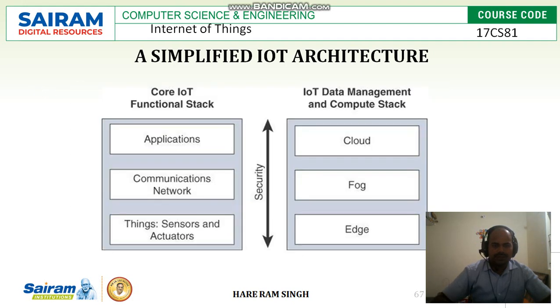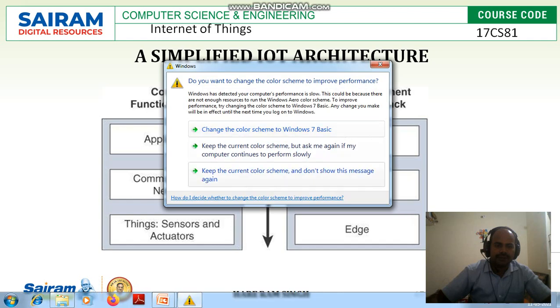So here the simplified IoT architecture is divided into two parts: the core IoT functional stack and the IoT data management and compute stack.